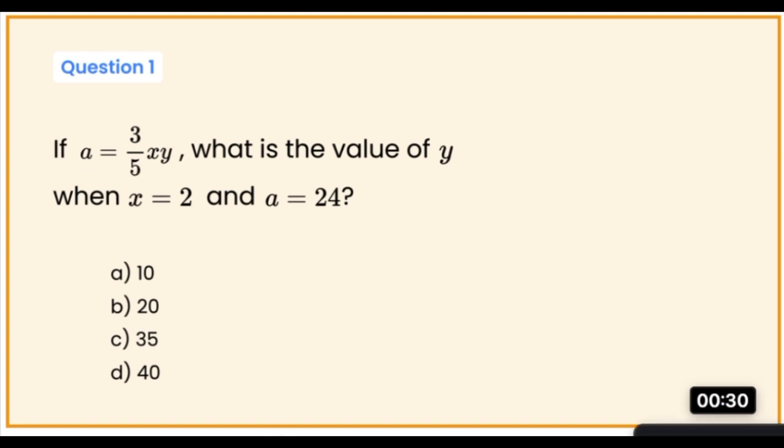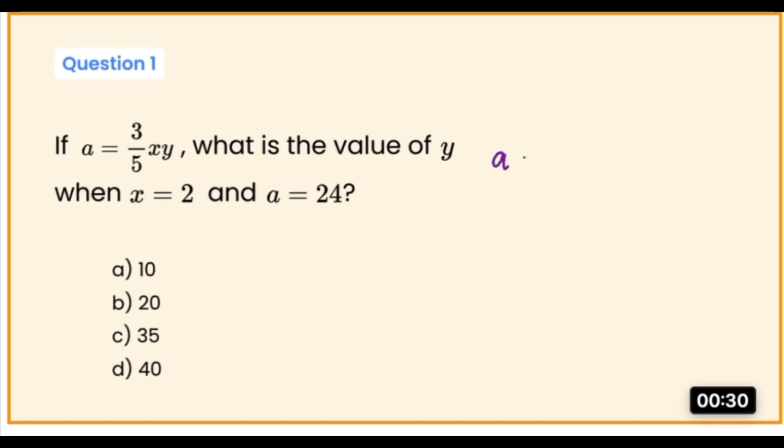Now, I'm going to show you how I will solve this question. A is equal to 3/5 of xy, and then we just substitute the value of x, which is 2, and then we substitute the value of a, which is 24, and then we will need to find the value of y.